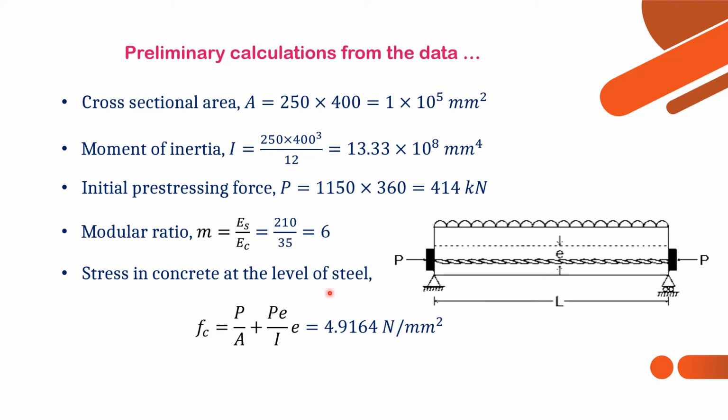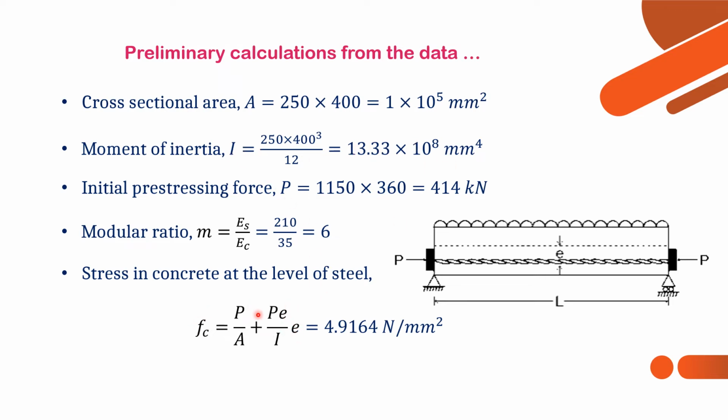And stress in concrete at the level of steel, that is Fc, is equal to P by A plus PE by I into e. Here e is the eccentricity, and we have assumed a uniform eccentricity throughout the section. So P into e, with e as 50 mm, divided by I which we have found.